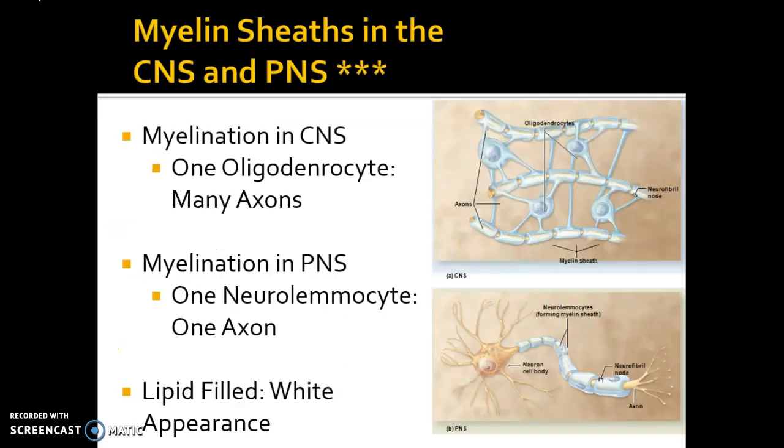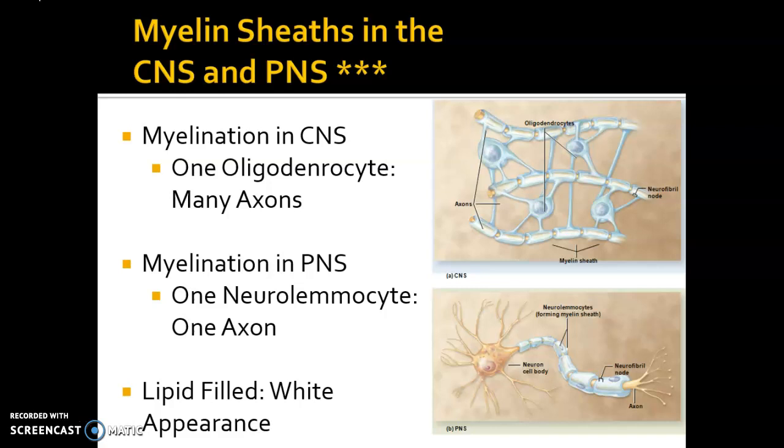Okay, so this slide talks about the difference in myelination within the CNS versus myelination in the PNS. The top picture is showing myelination in the central nervous system, where each oligodendrocyte extends arms and myelinates different parts of different neurons.